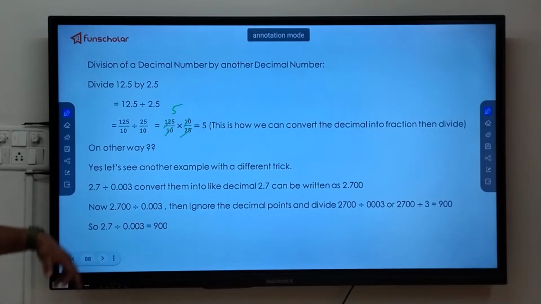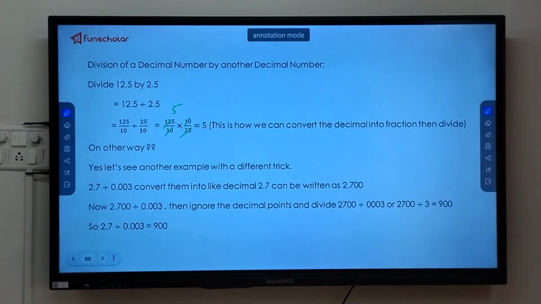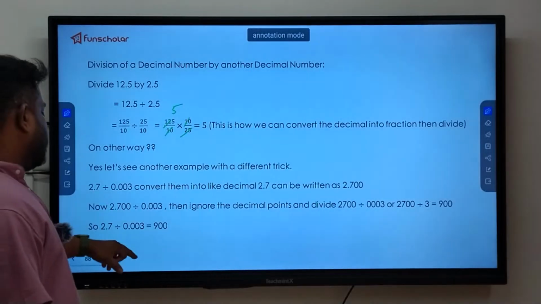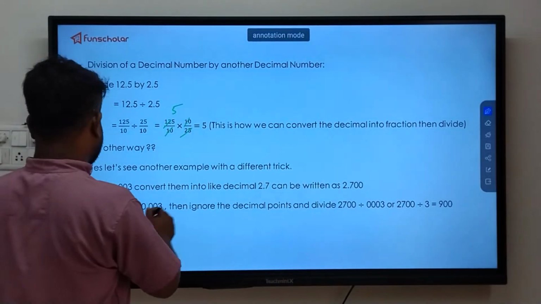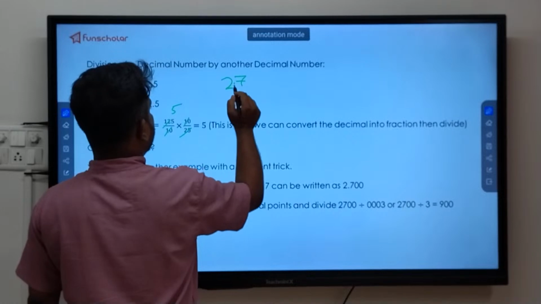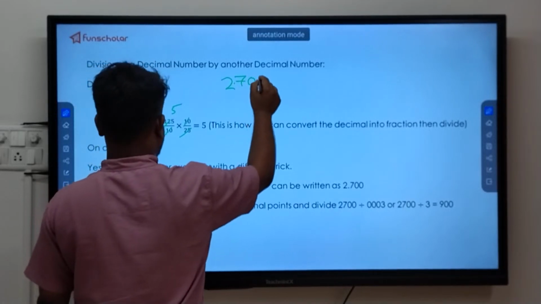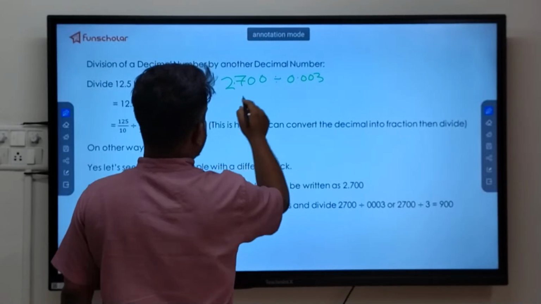Okay, another way. Let's see another example with a different trick. Here, convert them into like decimals, and it can be written like this, and now they are doing it like this. We can also do this by converting it into like decimals, just like in this case, 2.700 divided by 0.003.